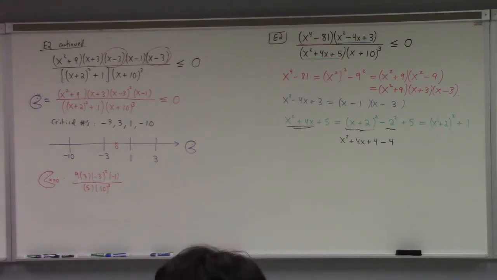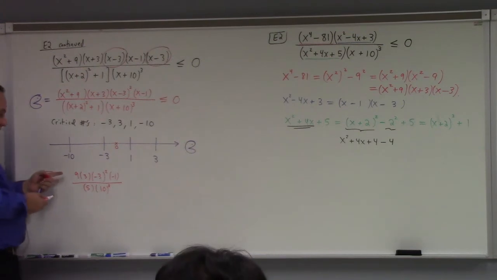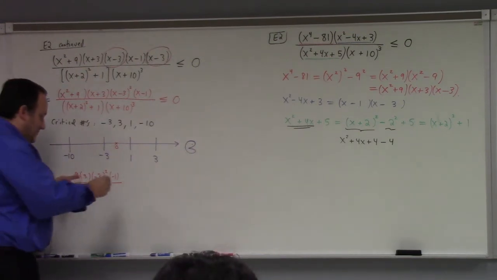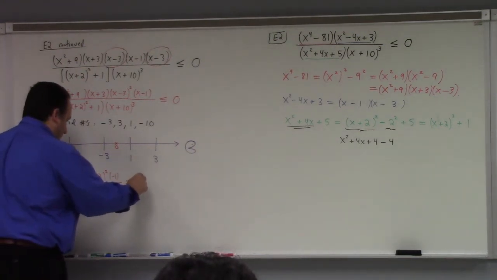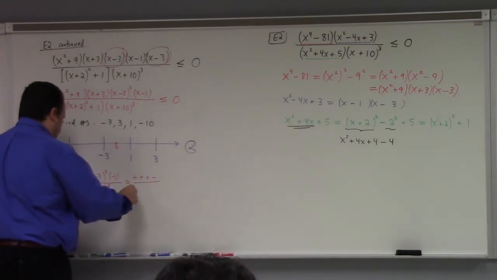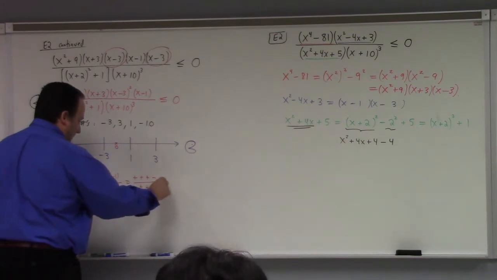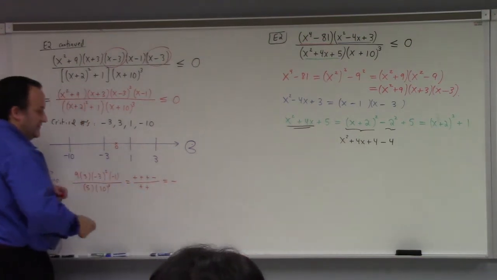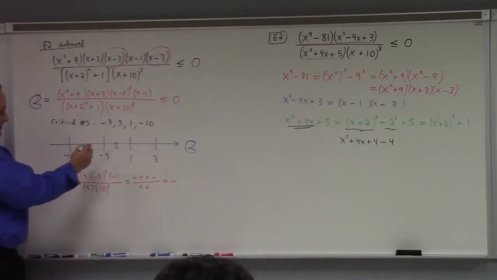Now the value of the number doesn't really matter for our current purpose. It's really just the sign we care about. So if you look at it, we've got plus, plus, minus, divided by plus and plus, which is altogether a minus. So it's negative in here.